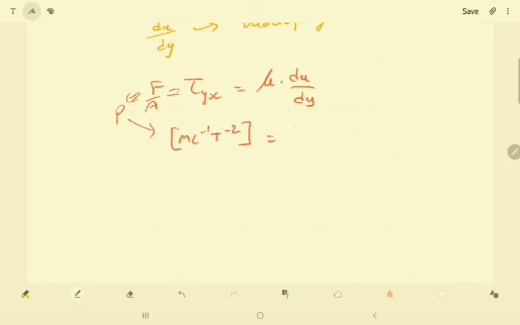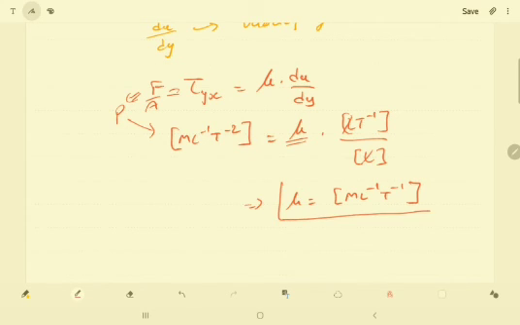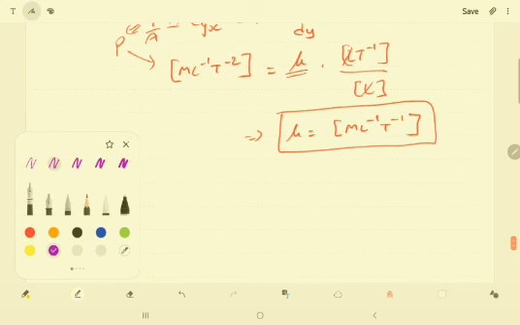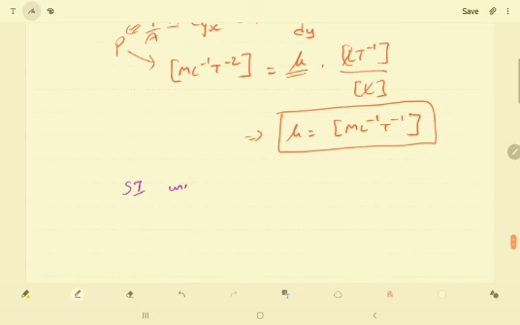And the velocity gradient is velocity, L T power minus 1, by distance dy, which is L. So mu equals M L inverse T power minus 1. Its SI units are kg per meter second, which is nothing but 1 Pascal second.